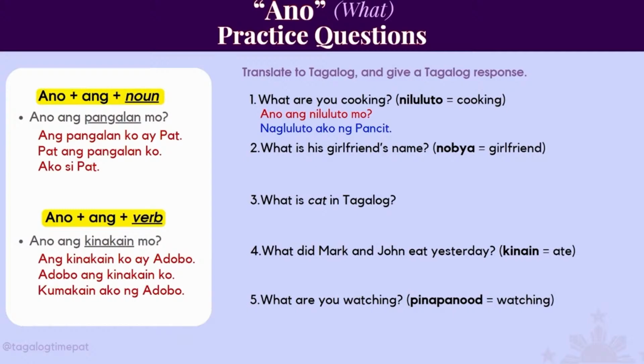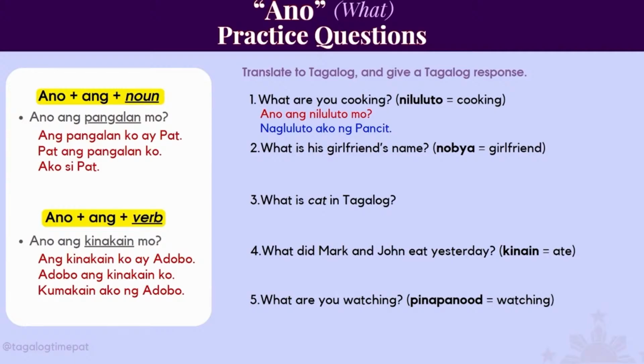Nagluluto ako ng pansit. So this kind of brings in all of the different conjugations that we had learned in the previous lessons. So try to remember how to conjugate them. And I guess it can be a little bit confusing because in the question, it's conjugated as niluluto. And that wasn't really one of the conjugation patterns that we had learned.